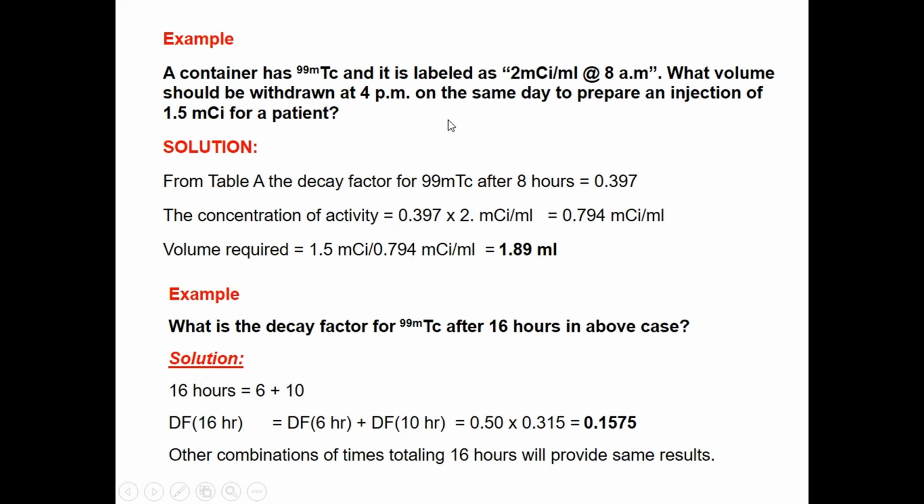A container has technetium, labeled as 2 millicurie per milliliter at 8 a.m. The question asked is what volume should be withdrawn at 4 p.m. on the same day to prepare an injection which will give 1.5 millicurie for the patient.